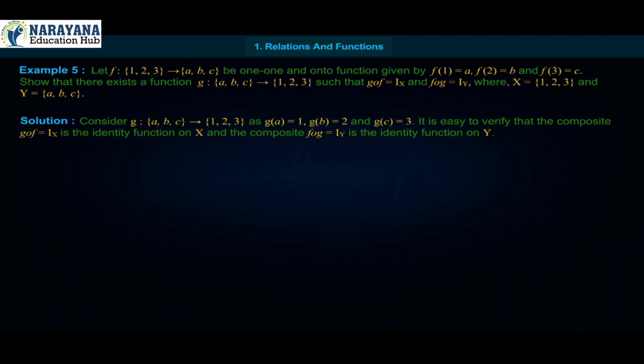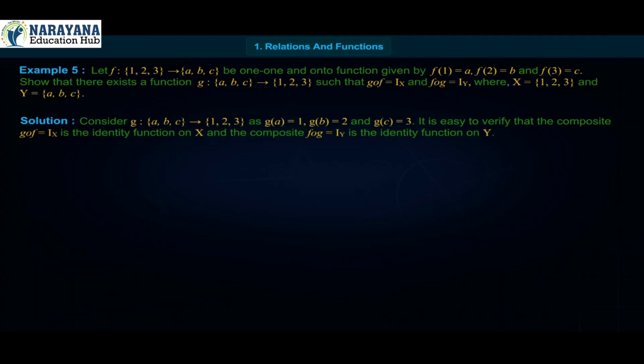Solution: consider g from {A, B, C} to {1, 2, 3} as g(A) = 1, g(B) = 2 and g(C) = 3.